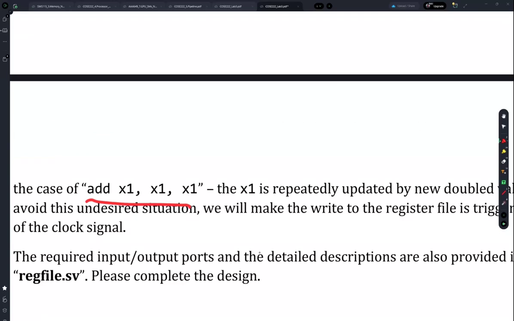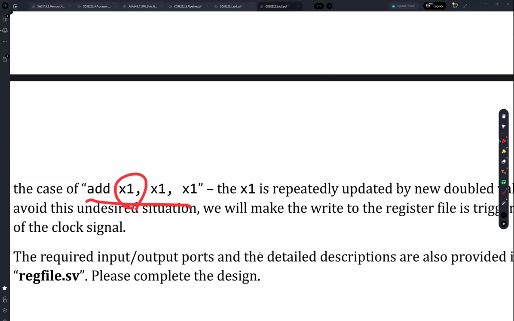It reads the operand data from the register file and applies addition to the x1 data, and then the sum of these two x1 data is updated to the destination register, also x1.